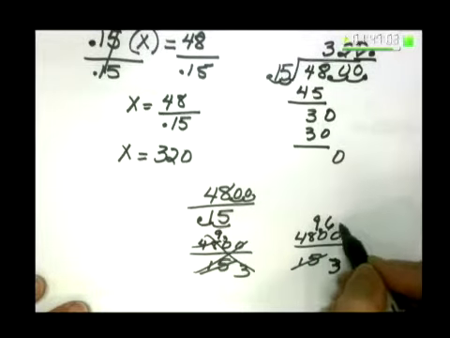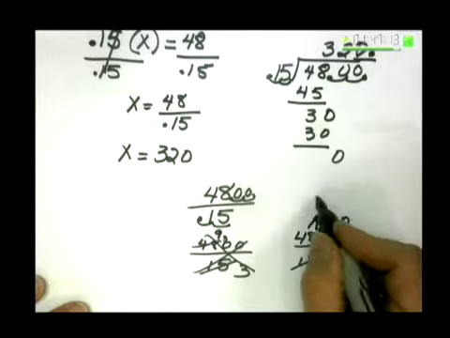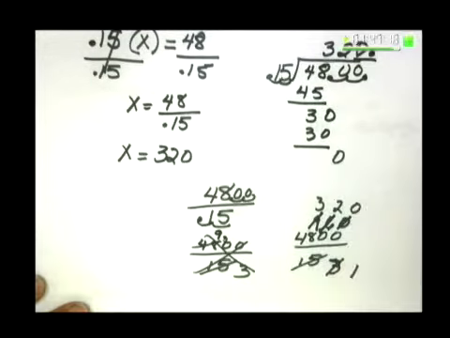And 5 into 0 is 0. So I have 960 divided by 3. And this will divide by 3. 3 into 9 is 3. 3 into 6 is 2. And 3 into 0 is 0. So I still come up with the 320 a different way.